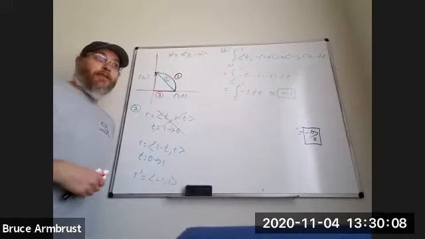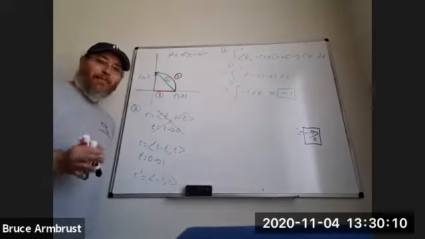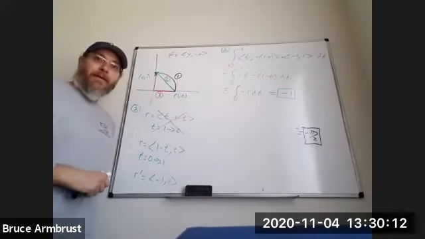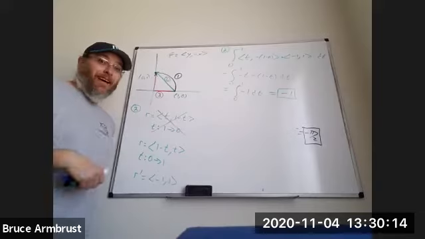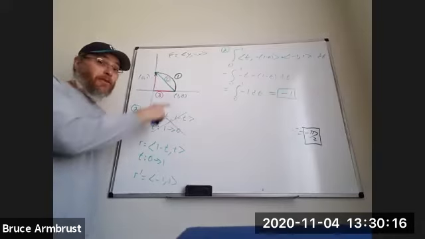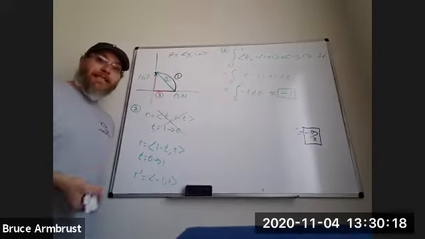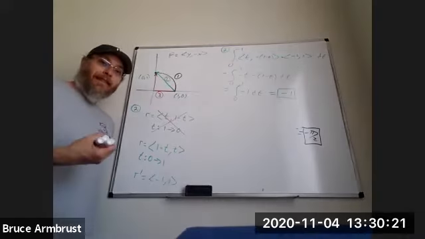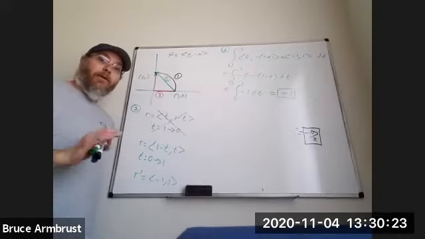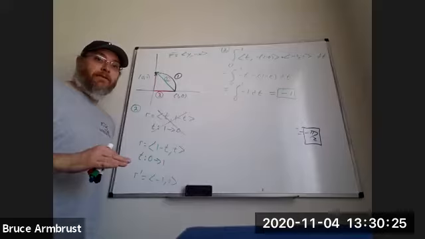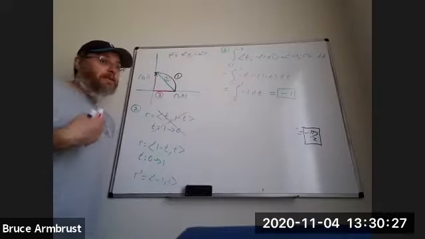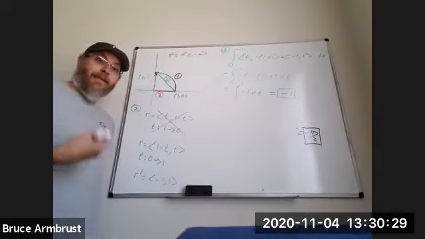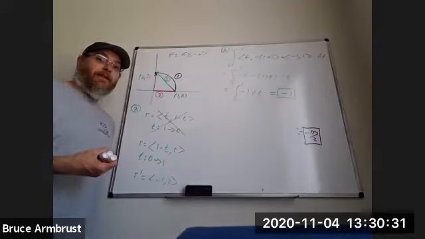Because then you can choose the easiest path from point A to point B, which might be a line, might not be. I mean, it might have been the circle, who knows? But you can find the easiest path, and that will give you the answer, but only for those special kinds of fields. In general, different paths will give you different quantities when you do these vector line integrals.